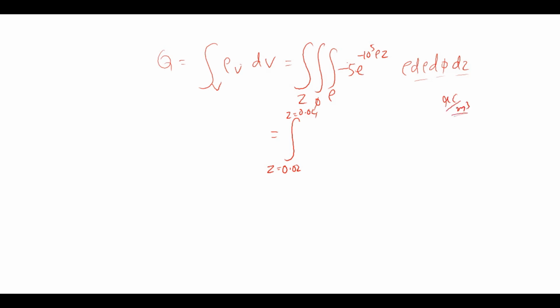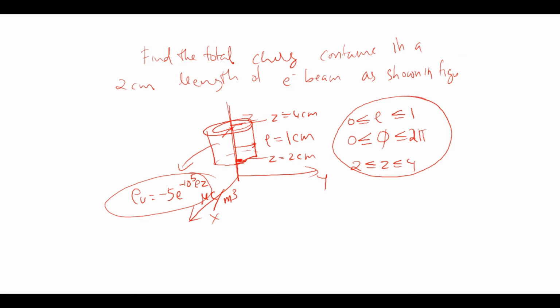This is the SI unit. So I have to convert the centimeters from the previous one, that is 2 to 4, to 0.02 meter less than z less than 0.04 meter. Similarly here this is also in centimeters, so I have to substitute 0.01 meters.